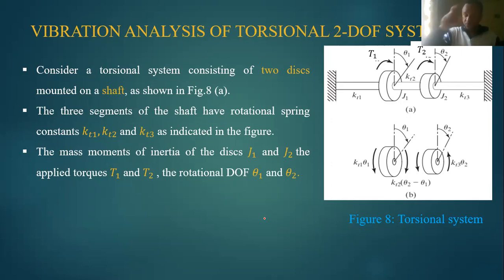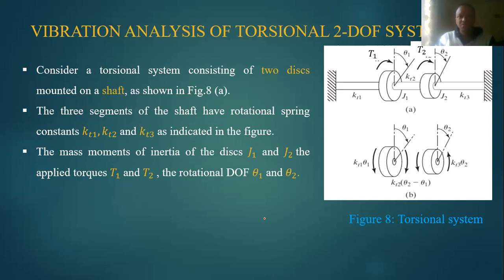So if any number of discs are connected to the shaft, that indicates any number of degree of freedom system under torsional motion. Here we are talking about 2 degree of freedom. So we have 2 discs connected in a shaft, and sometimes the shafts may have variable diameter or different cross section.